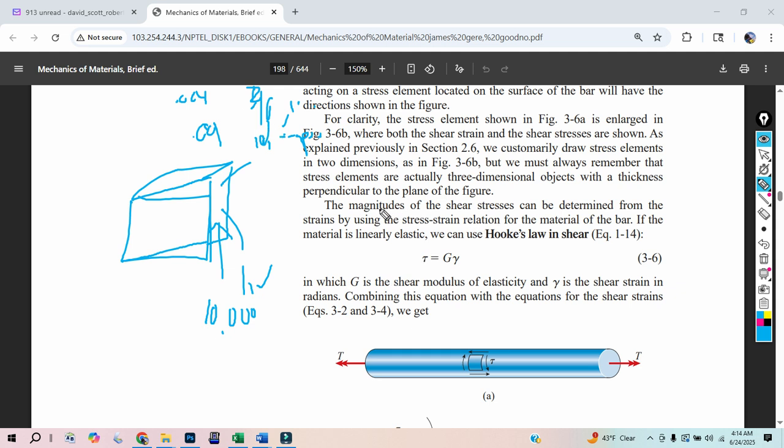From determination of the strains, which for shear strains means measuring an angle, I can take that angle of 0.001 and say that the stress is 10,000 pounds. If I know the stress, then I know the shear forces. We did that. But here's that relationship.